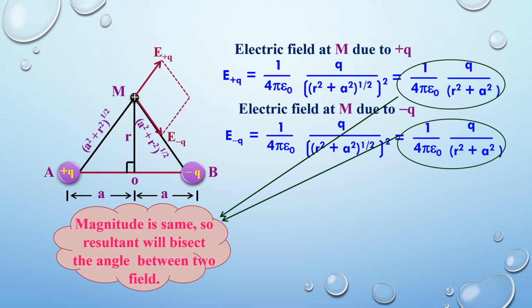Hence, if I now draw a parallelogram, we see that the resultant bisects in equal angles, such that if I assume E to be the resultant electric field, the angle with respect to the positive electric field is theta, as well as with the negative electric field is theta.